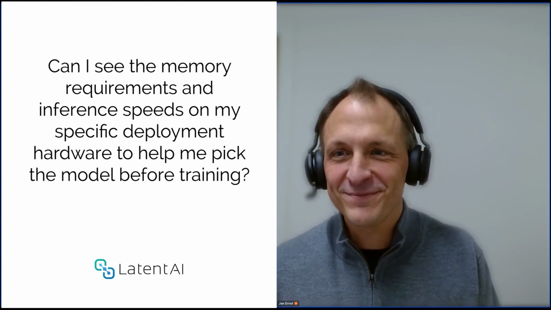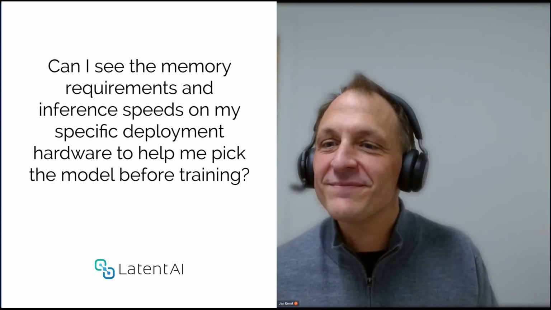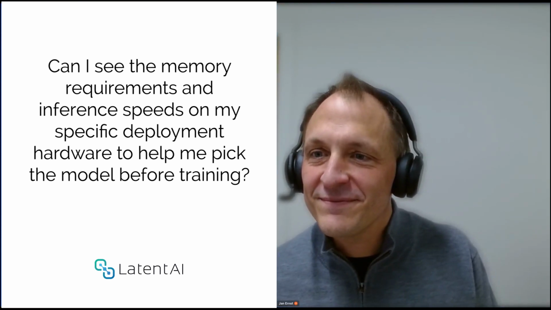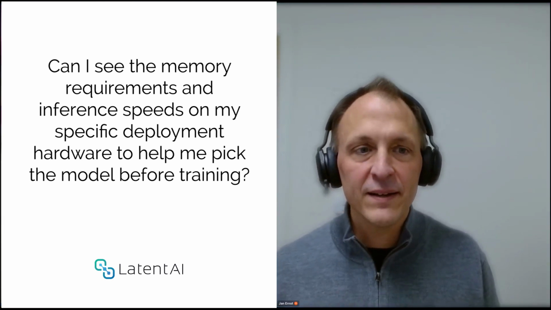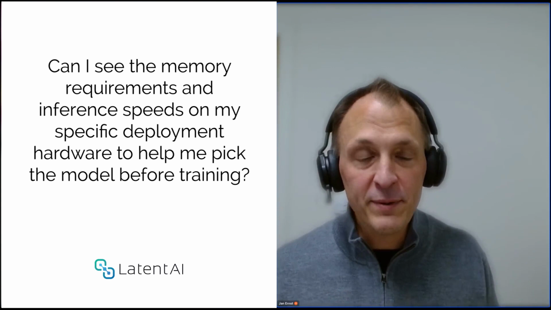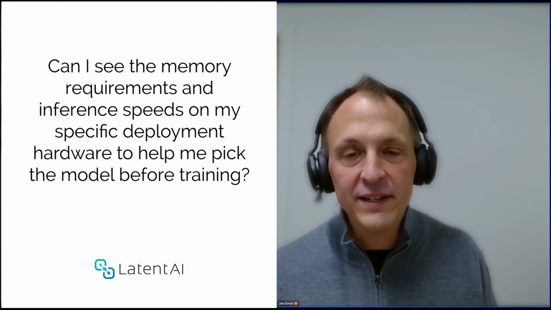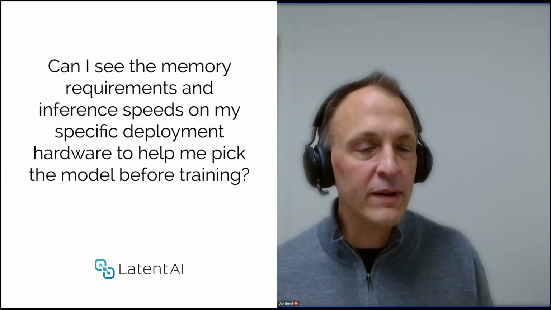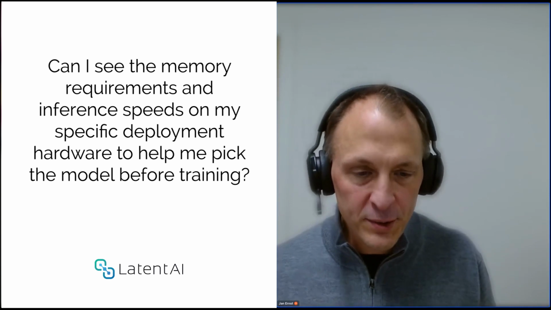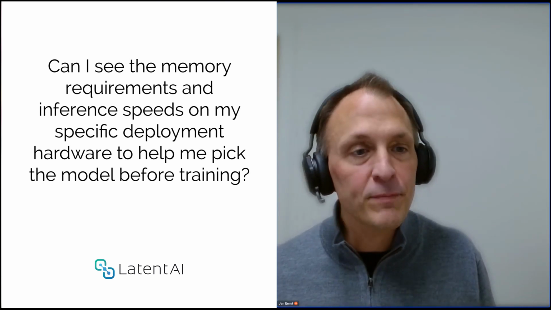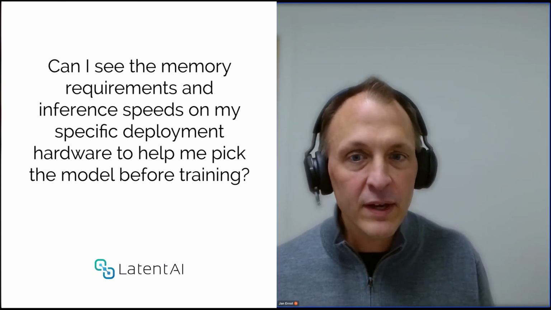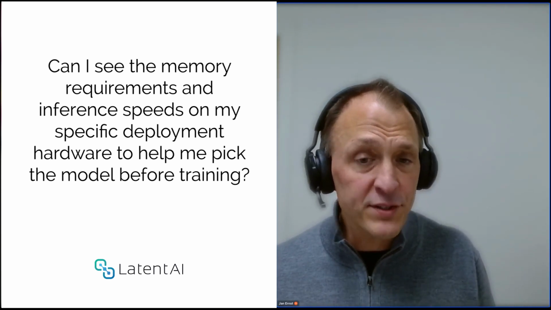Can I see the memory requirements and inference speeds on my specific deployment hardware to help me pick the model before training? Right, exactly. As I showed in the table earlier, these are literally validated results. The way it works at the moment is that you have access to our quantified recipe database, which captures a bunch of different hardware.